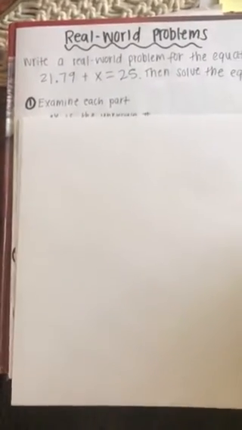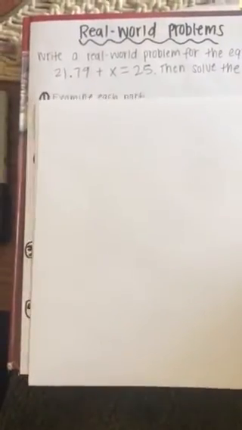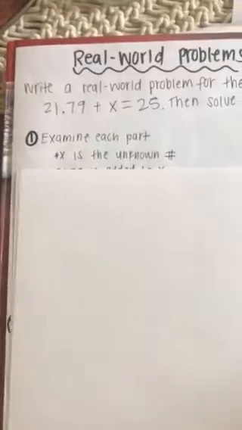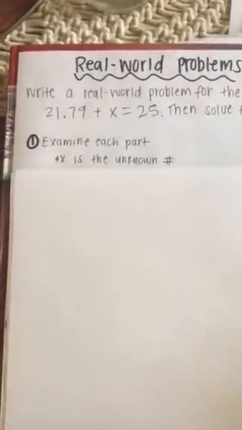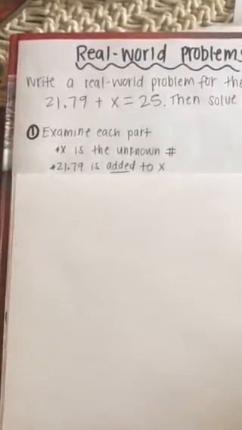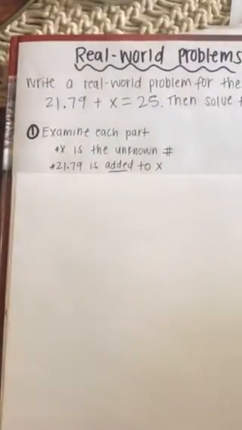So in order to do this, you need to examine each part of this equation. So by examining it, what do we notice? I notice that there's an x. So x is the unknown number. I also notice that 21.79 is added to the x.